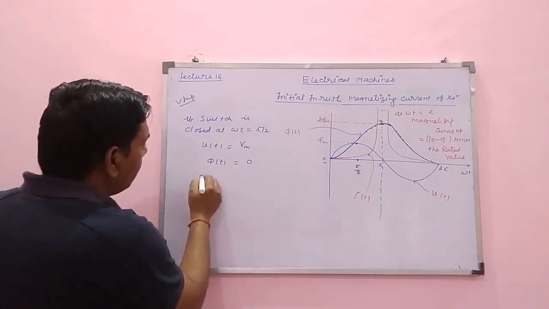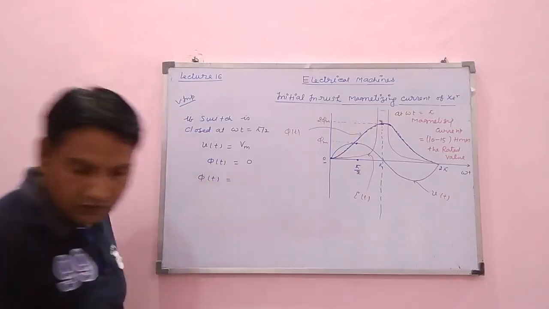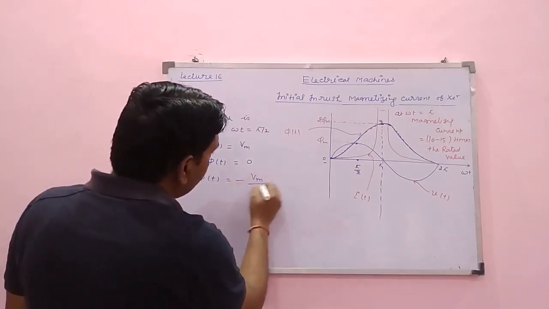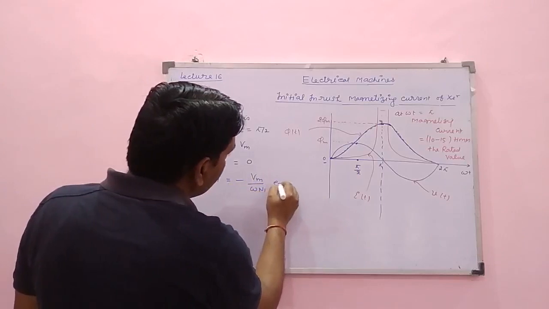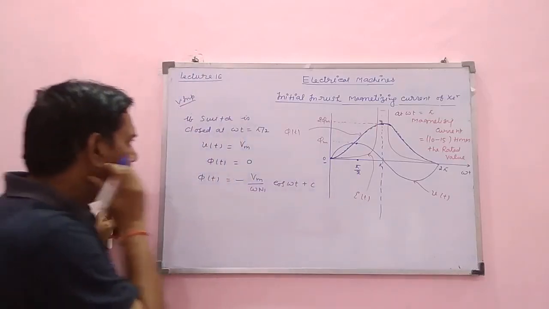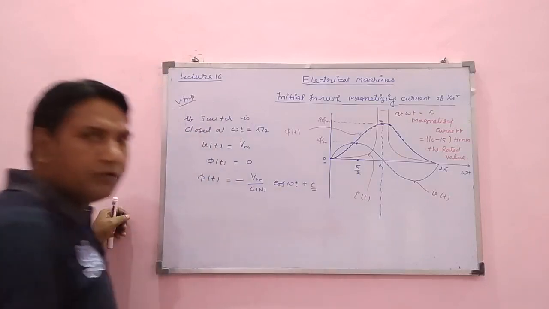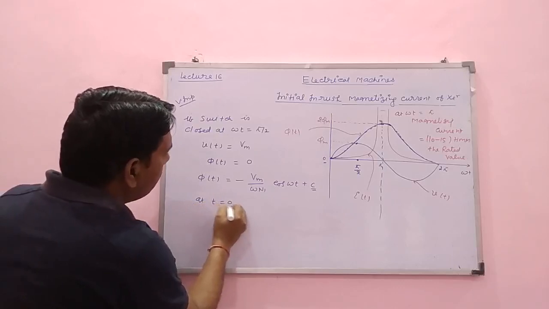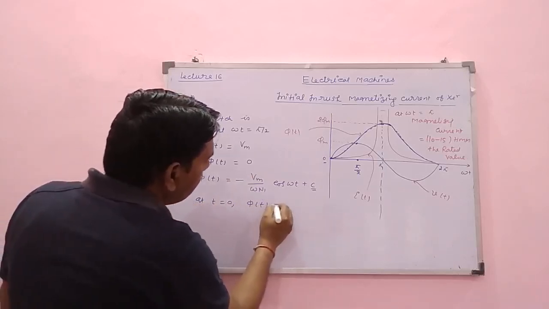The general expression is phi t is equal to minus Vm upon omega n1 cos omega t plus c. We have to calculate the value of c by using the initial condition. So at t is equal to 0, phi of t is equal to 0.